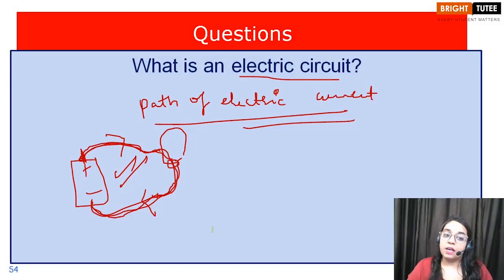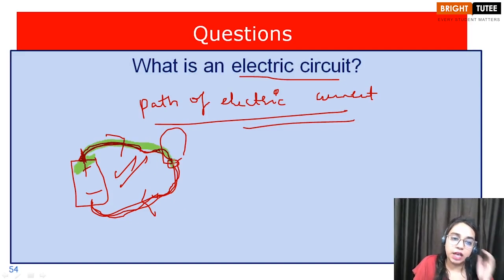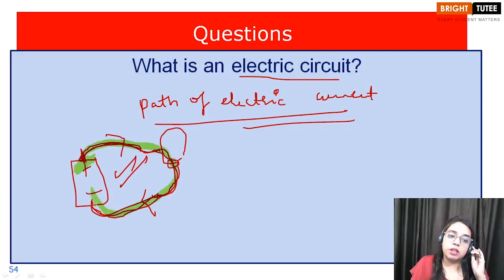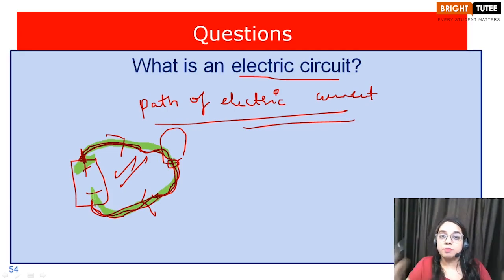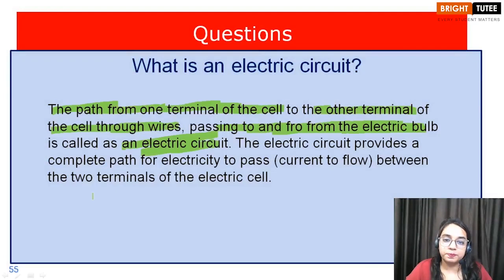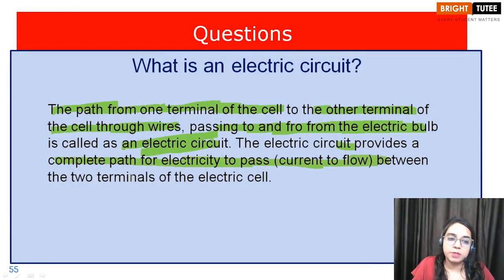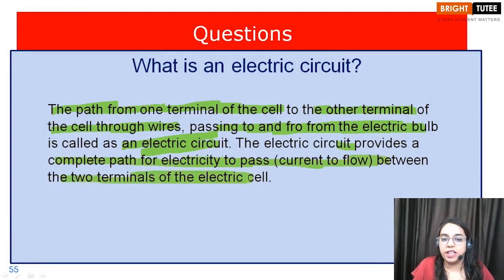Whenever the current passes from one terminal of the cell, then through the bulb, then again back to the other terminal of the cell, we call this path the electric circuit. Right children? The electric circuit provides the complete path for the electricity to pass between the two terminals of the electric cell. Okay children?